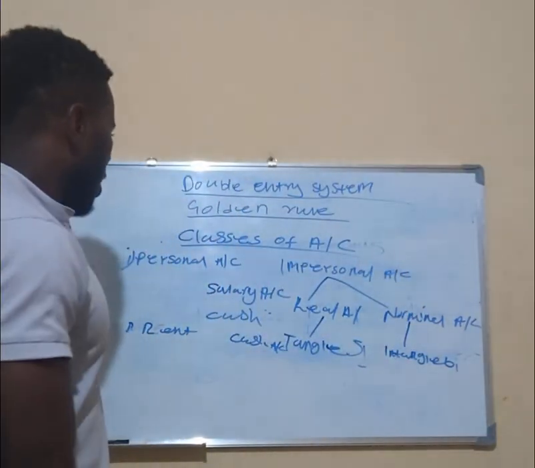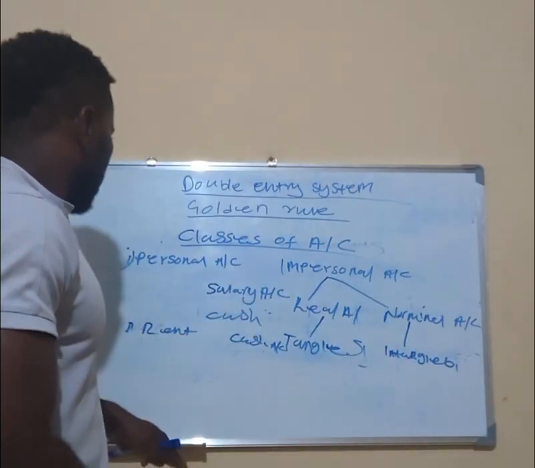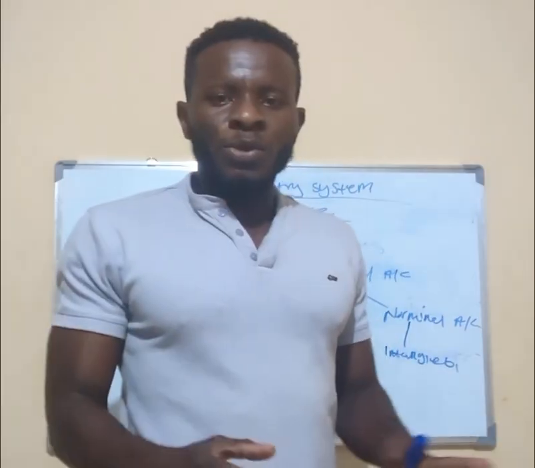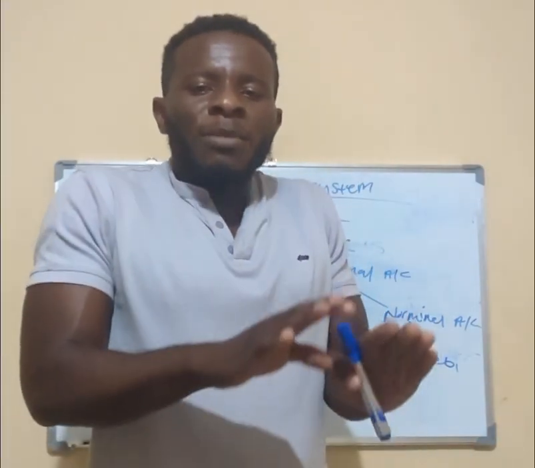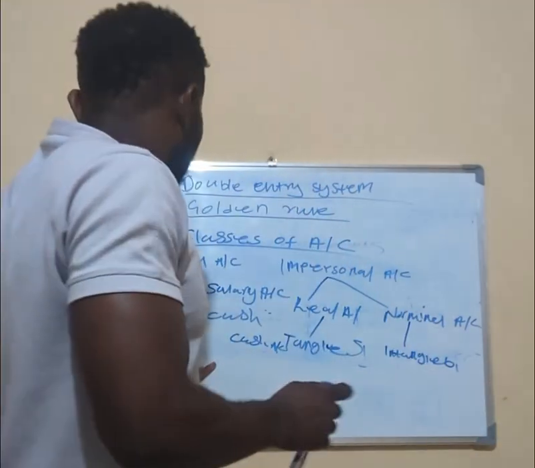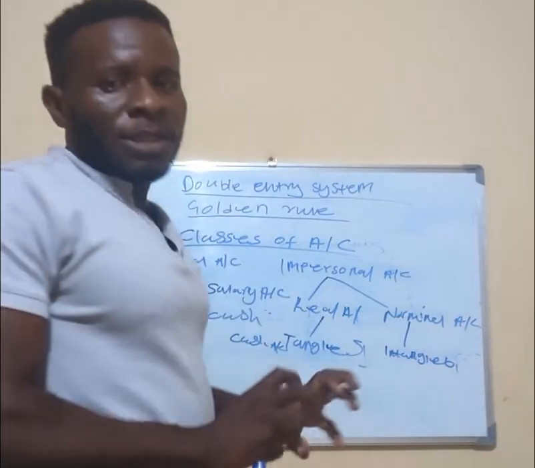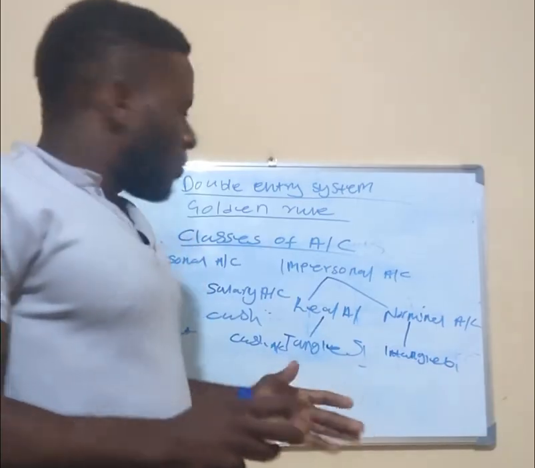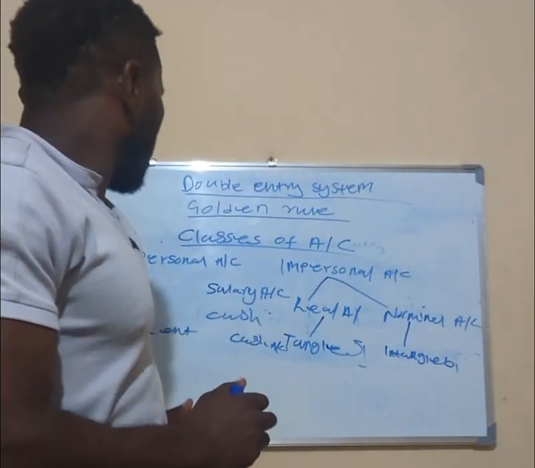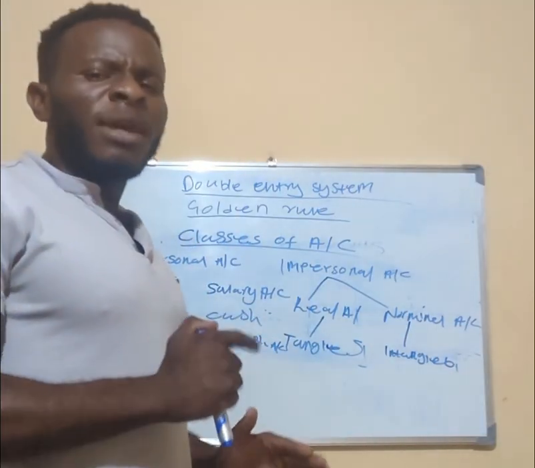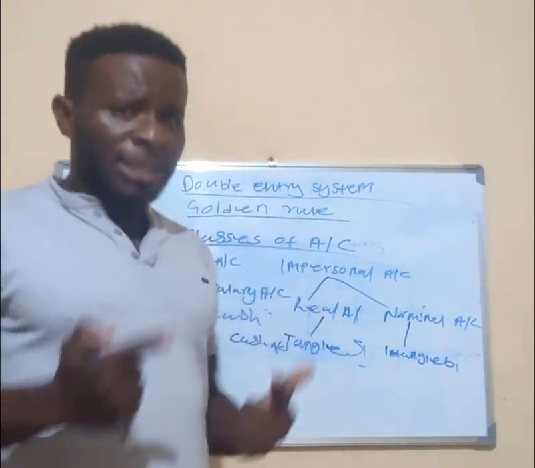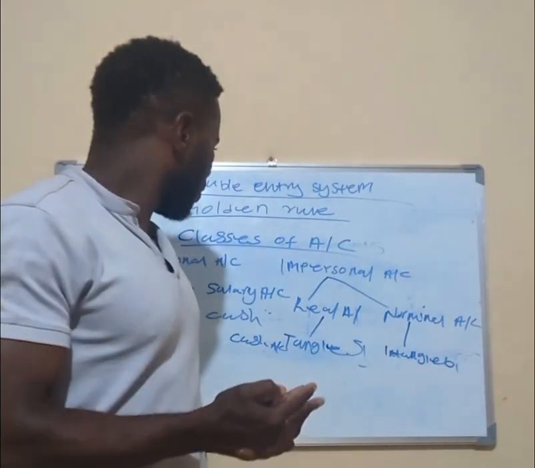So we have the classes of accounts, and the classes of accounts have a lot to do with the double entry. In fact, the double entry system is based on the classes of accounts. This is where people get it wrong. Once you skip this chapter, accounts will be very difficult for you because there are certain transactions that will confuse you.